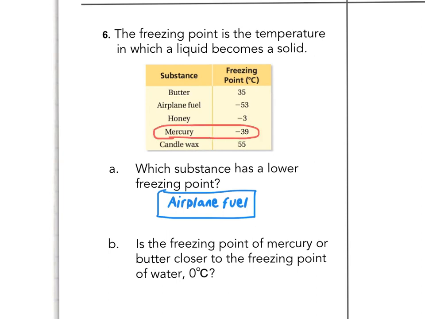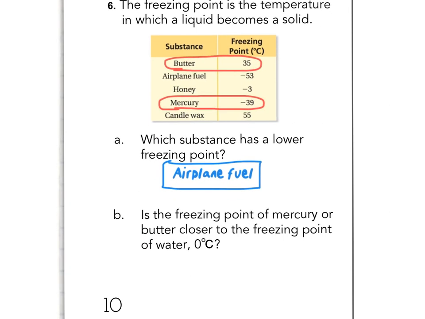And then we have butter at +35. So it's not asking us for the lowest freezing point, it's asking us for which one is closer to 0. So the one that's closer to 0 is butter. So we write butter in underneath and we box our answer.